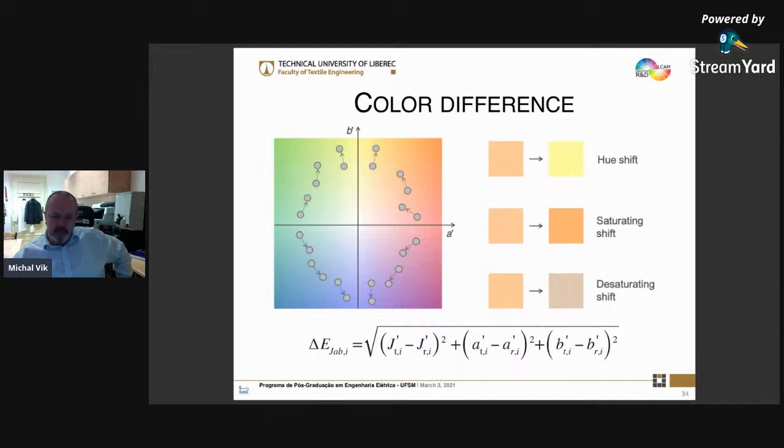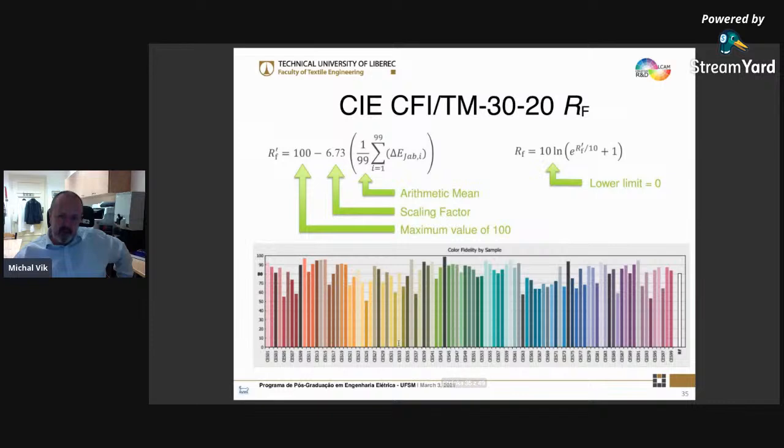All these 3 terms are included, and via a simple calculation, which is generally the Pythagorean law in color space, we obtain the final color difference between the reference and tested light source for each of the 99 color samples.